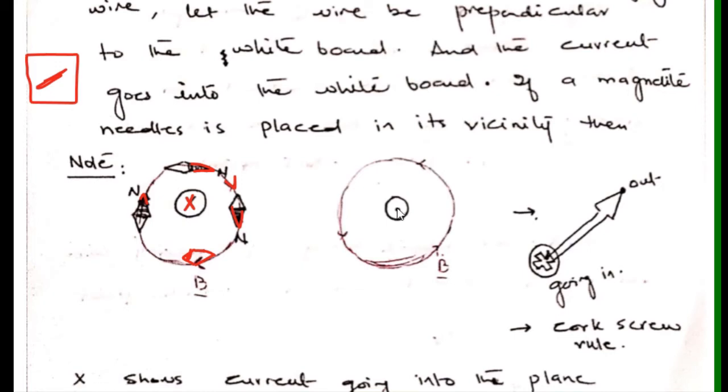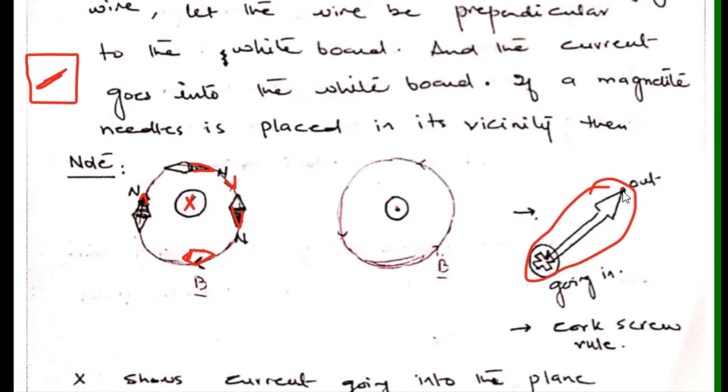There are two different ways through which we can explain how the cross represents going into a plane, and how the dot represents coming out of the plane. Suppose that we have an arrow over here, and if you see the arrowhead, it gives us a dot. If I throw an arrow towards a paper and the arrow wants to come out of the paper, the first thing that appears on the paper will be a dot, which will show that the arrow is coming out of the paper.